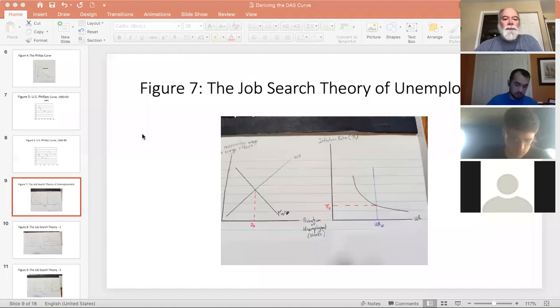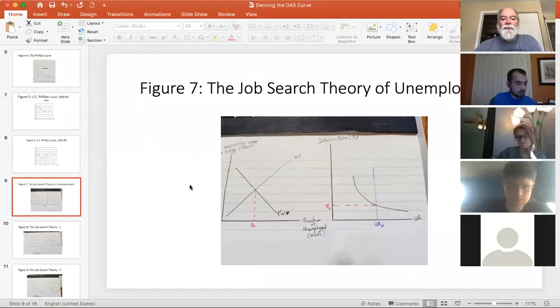Okay. So I believe where we stopped last class was the job search theory of unemployment. So let's go back there just to remind ourselves what's going on. Okay, here was the basic model. We said there is a reservation wage curve. Each worker has one. It starts high and it declines as your period of unemployment goes up.